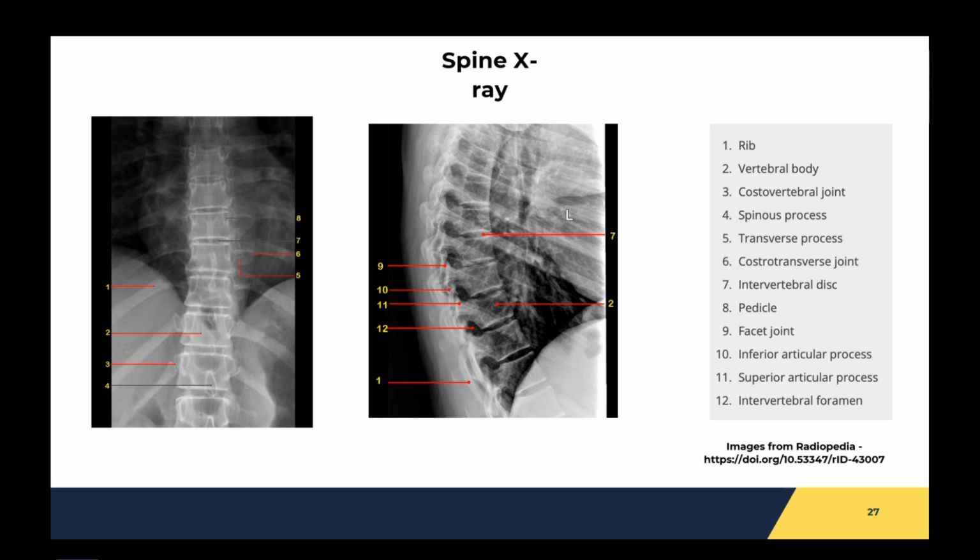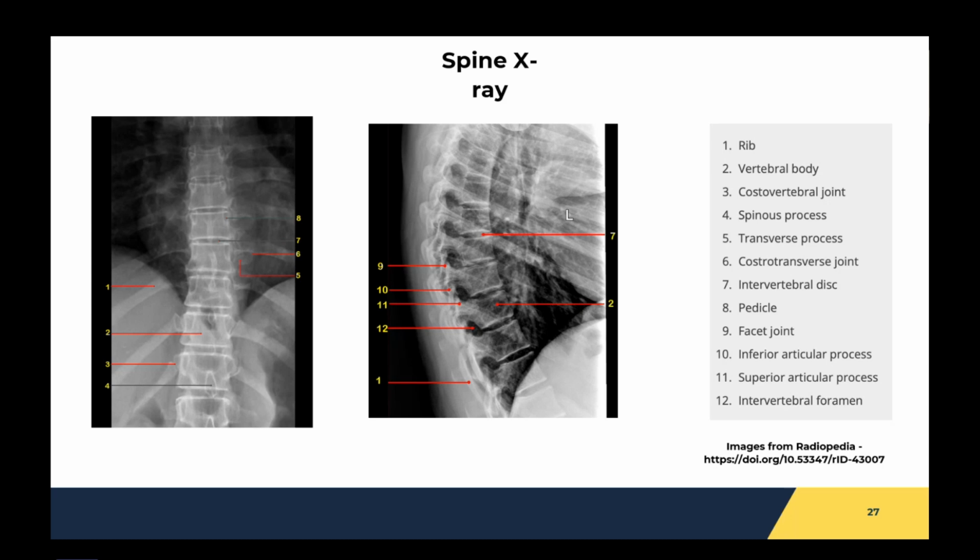You want to have a look if there's any narrowing of the intervertebral disc space. And then people often forget this, but you want to have a look at the posterior part of the spine, so the spinous processes and the pedicles. And then you want to have a look at everything else, like bone density and so on.